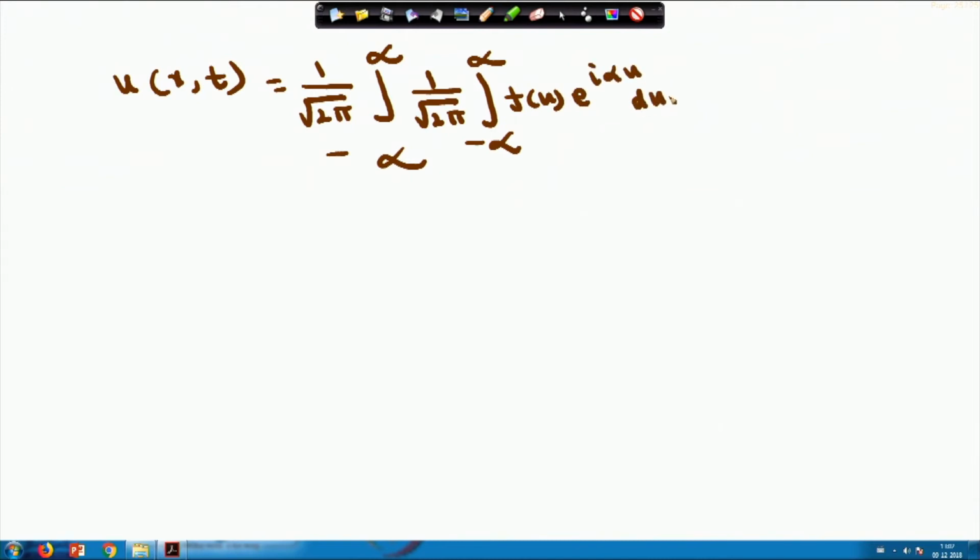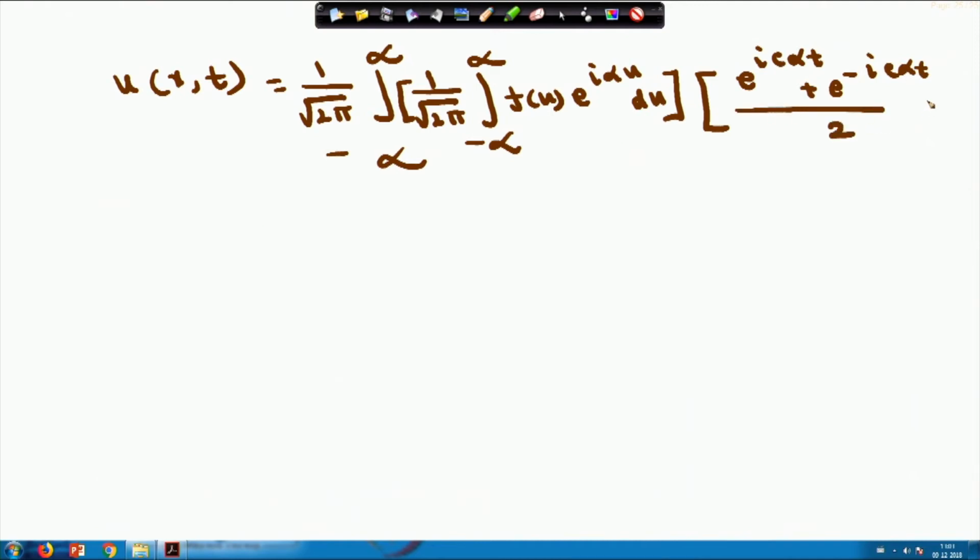Because you are replacing capital F alpha, and this cos term you can write as e power I c alpha t plus e power minus I c alpha t, cos of c alpha t we are writing like this, into e power minus I alpha x into d alpha.